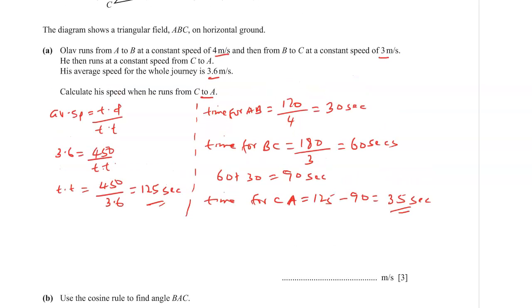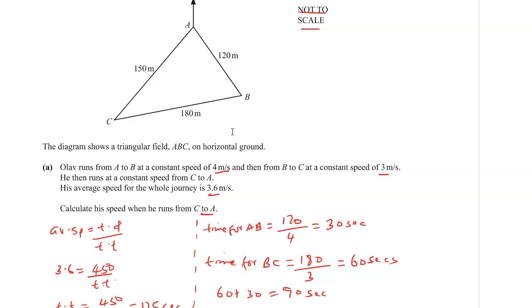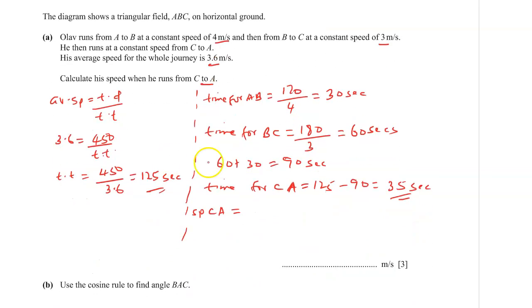So calculate his speed from C to A. Speed from C to A is equal to, the distance from C to A is 150, so 150 divided by the time, which is 35 seconds. This gives us 4.29 meters per second. That was his speed.